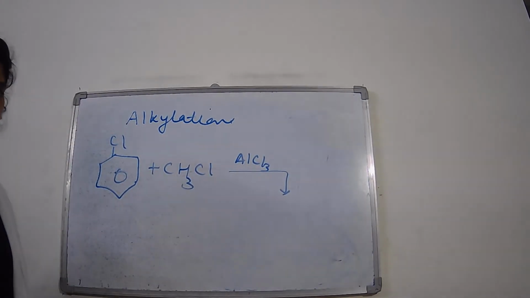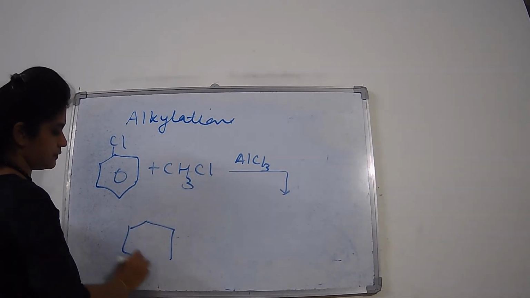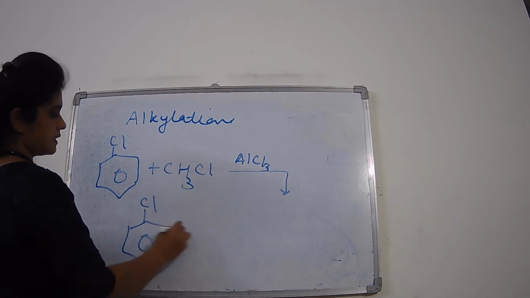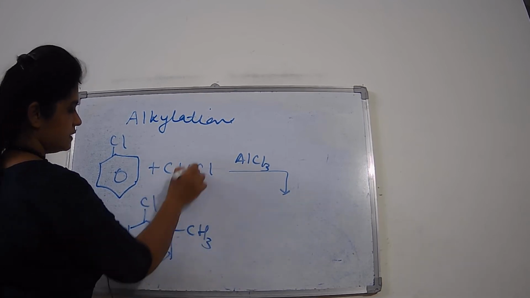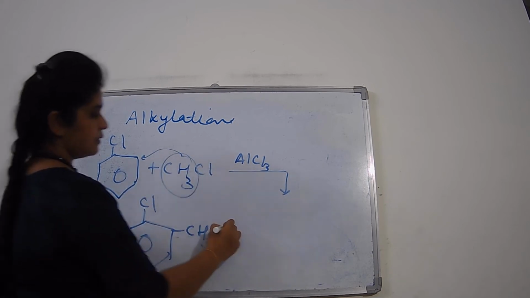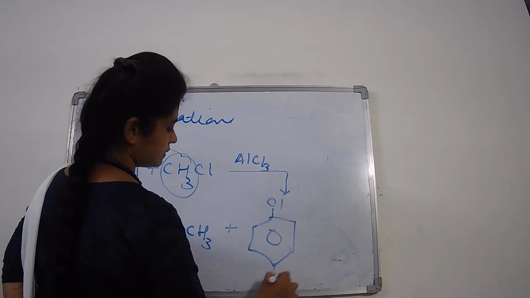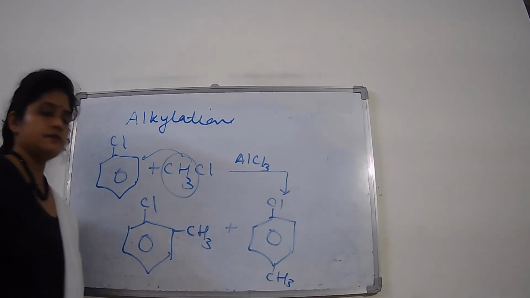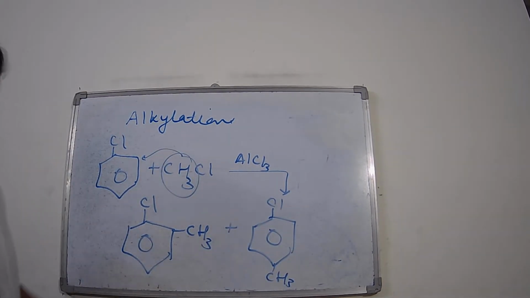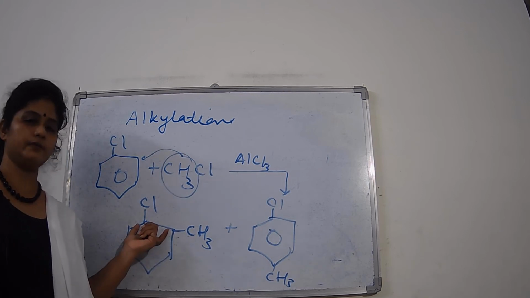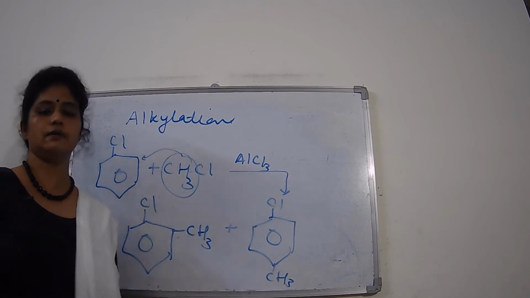So we get two compounds, where substitution takes place at the ortho position, where CH3 gets substituted here, or at the para position. So we get this other compound. What is the name of this compound? Yes, it is ortho-methylchlorobenzene or para-methylchlorobenzene.